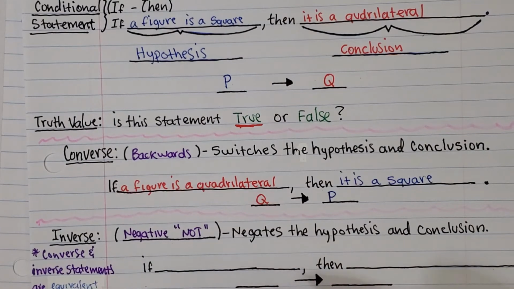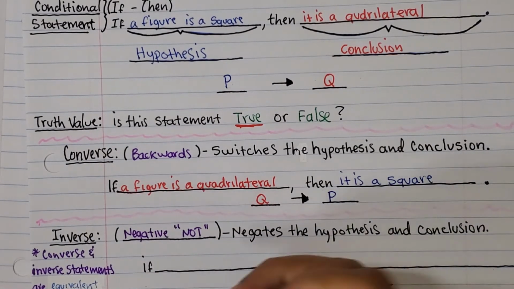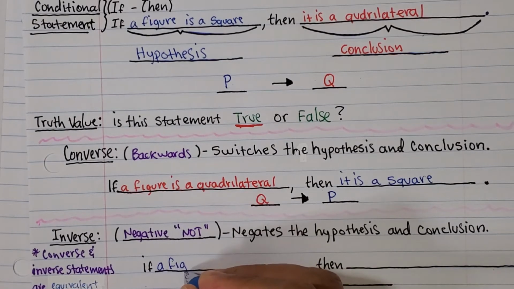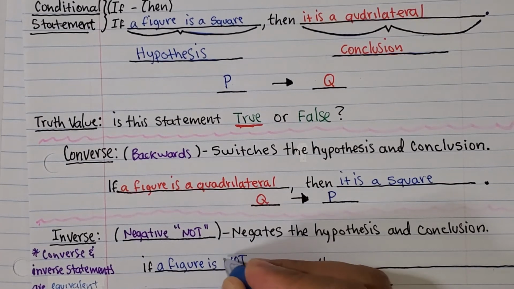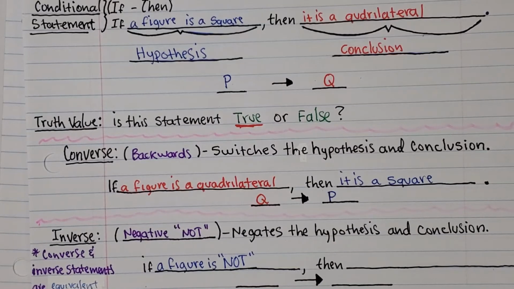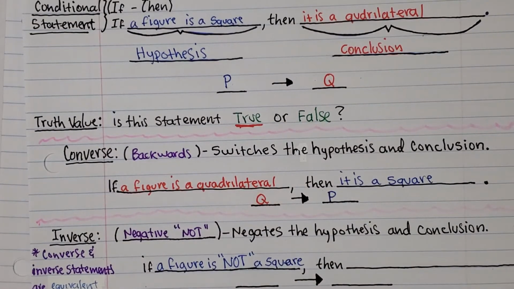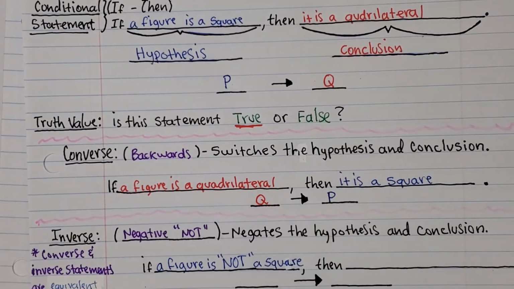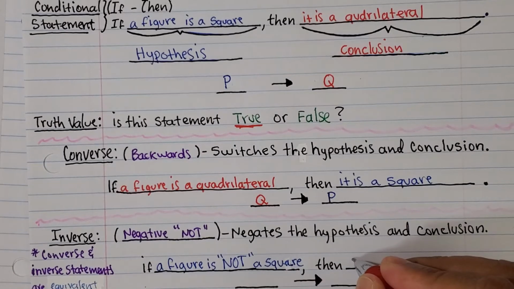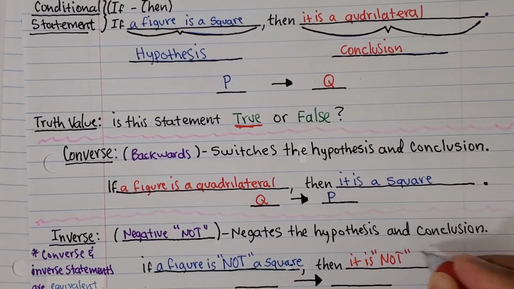So I'm going to say here, if a figure is not a square, then it is not a quadrilateral.